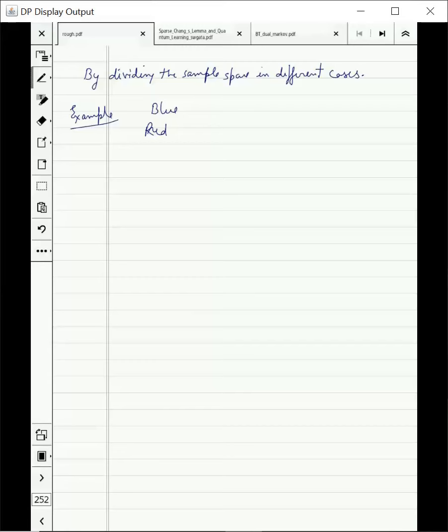Since you like the color blue, let's say that you pick the blue machine with twice as much probability as red. So the probability of picking a blue machine is 2 by 3, and probability of picking a red machine is 1 by 3.